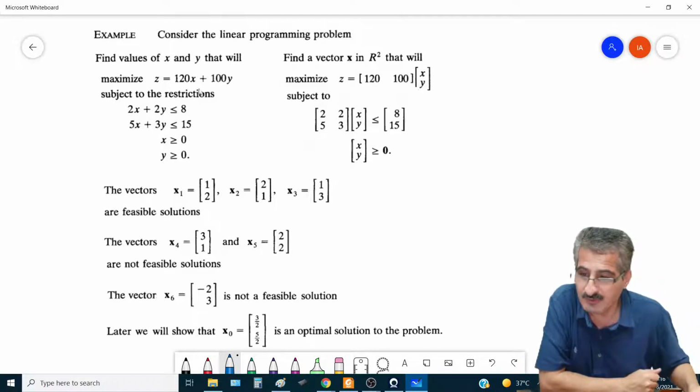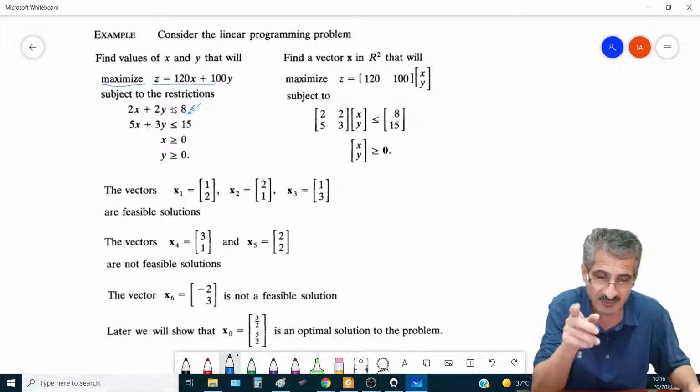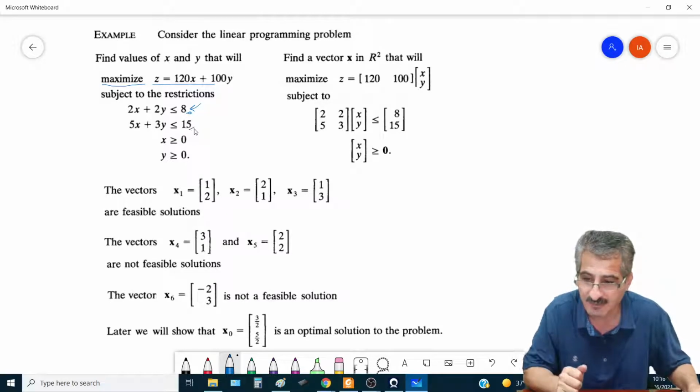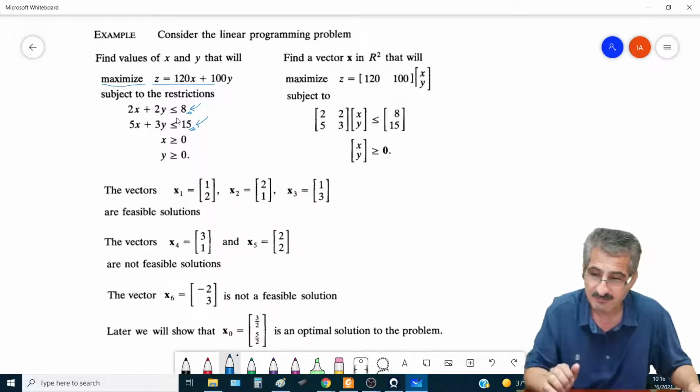So the model, the linear programming problem of that example, was to maximize the profit under these constraints. Remember, this number 8 is the number of hours that the rough sawing machine operates, and 15 the number of hours that the planing machine operates.